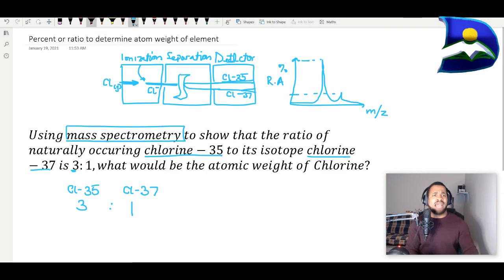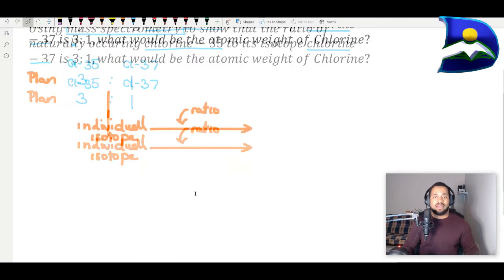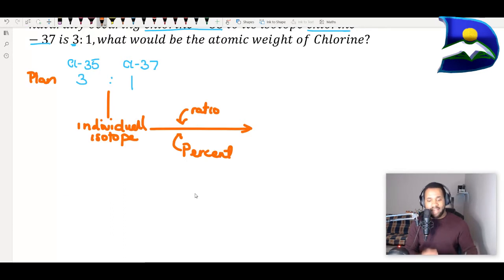Looking at the plan in this video, our plan is to come up with the following. First, you go from these ratios of isotopes, and from the individual isotopes, with the help of applying ratios mathematically or applying percent, you will be able to determine the average, and from your average you're going to finally get to the specific atomic weight of chlorine. And what does atomic weight mean?